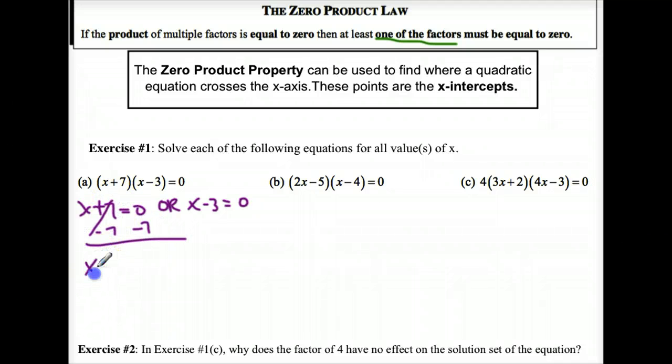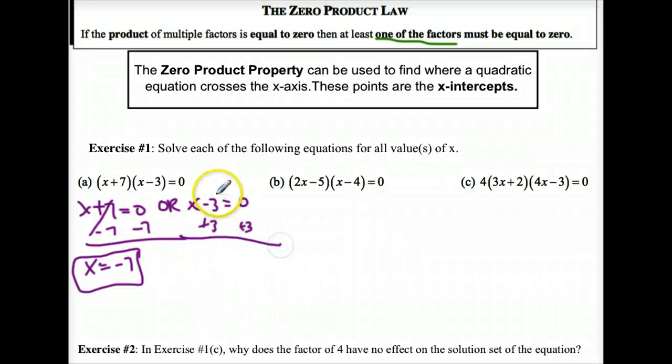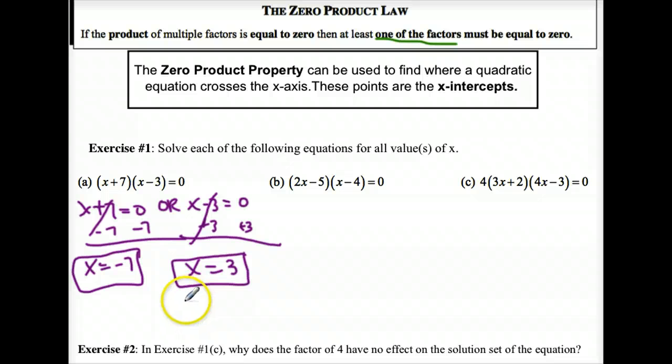Minus 7, the 7s cancel, x is equal to negative 7, which is one of my answers. Here I would add 3 on both sides, this cancels, x is equal to 3. So this is telling me if I was to graph this quadratic into a calculator, I will see at x equals negative 7 and x equals positive 3, those are where the graph crosses the x-axis.